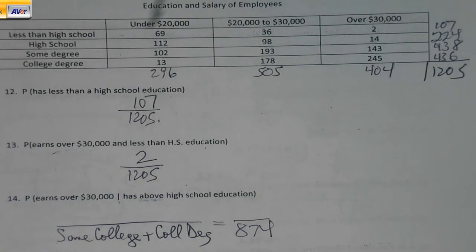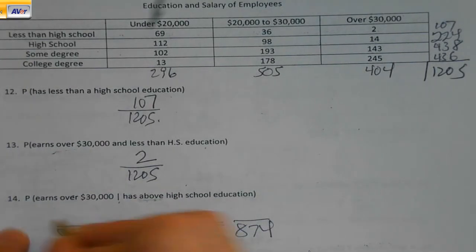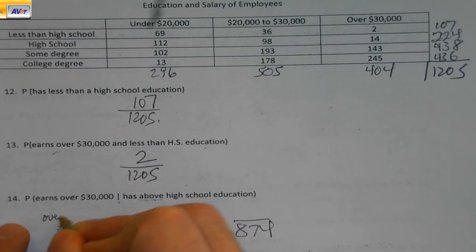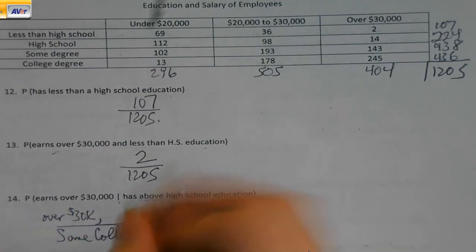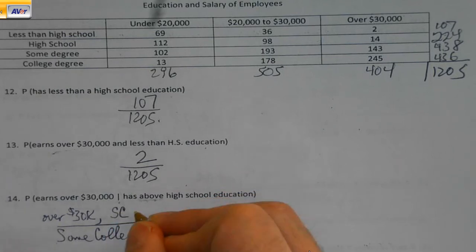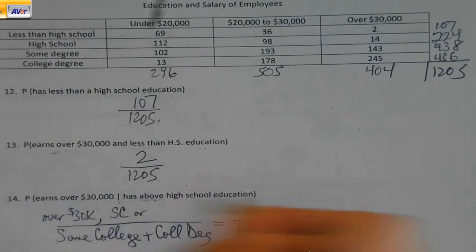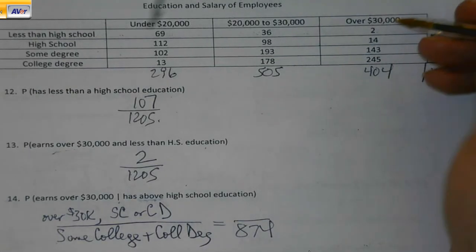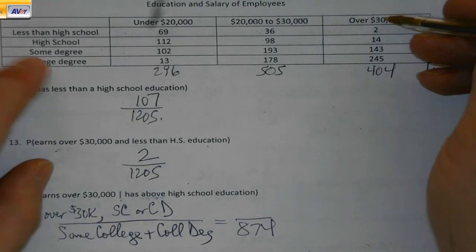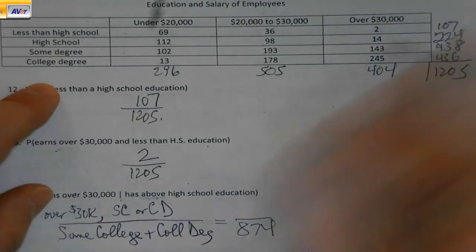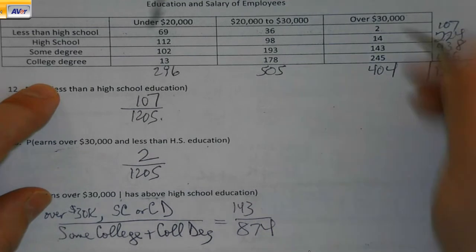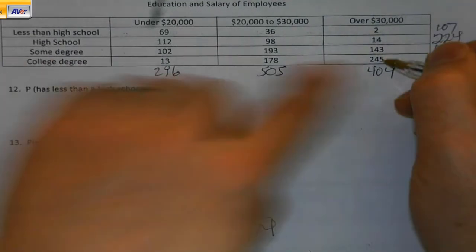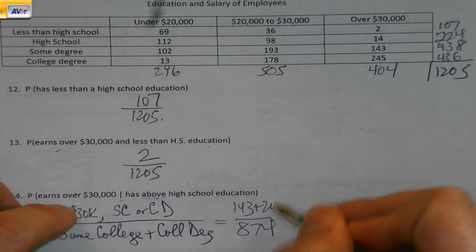But now I want over 30,000 and either some college or a college degree. So I'm like, okay, let's see. Over 30,000. Some degree, 143. College degree is 245.